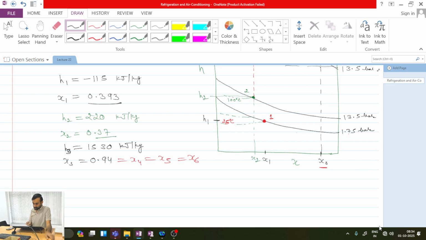So what I need to do now, at 13.5 bar, I need to draw the 40 degrees Celsius line, and that 40 degrees Celsius line must cross at the same composition. Is this one clear?